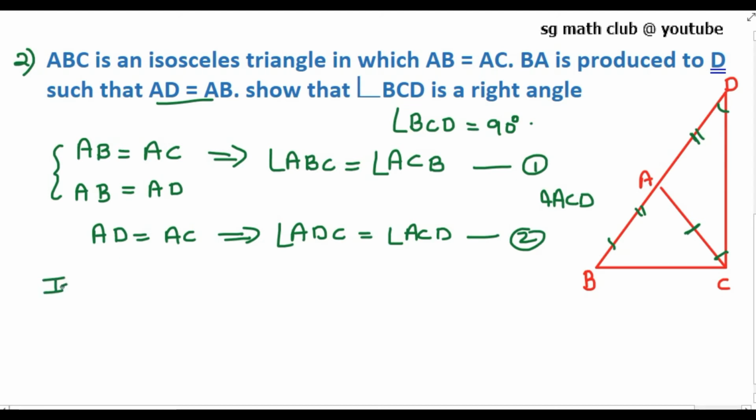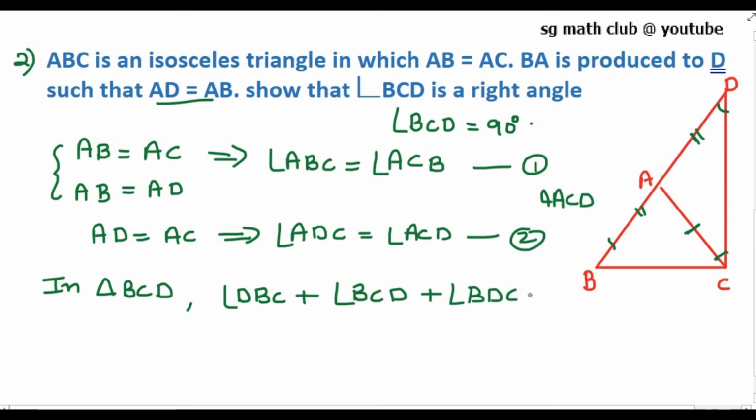Now if you consider our triangle BCD, by angle sum property, the sum of all the angles of a triangle is 180 degrees. So I am going to write angle DBC plus angle BCD plus angle BDC equal to 180 degrees.